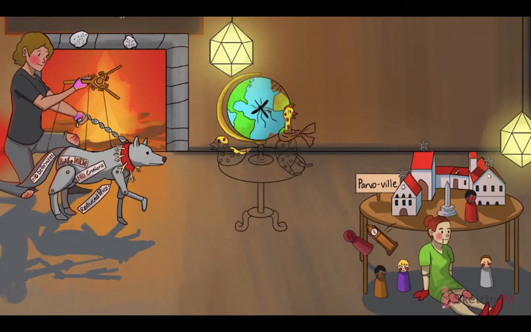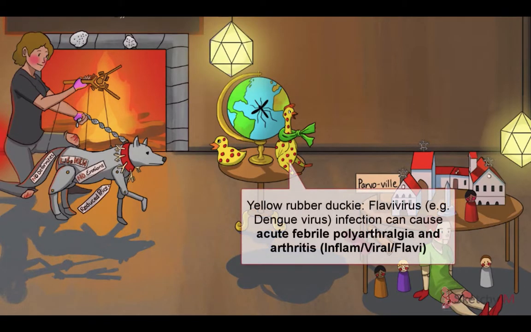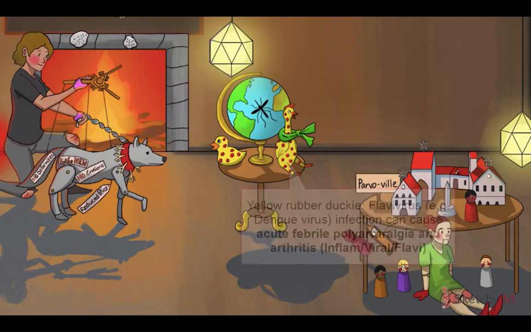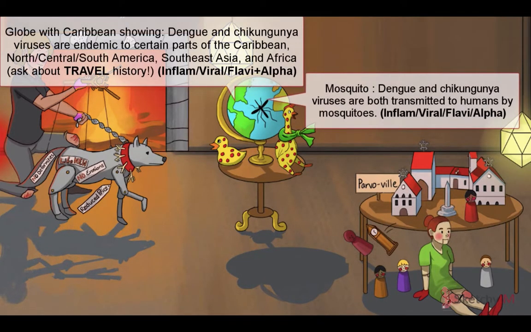Another group of viruses that cause significant joint pain is the flaviviruses, most notably the dengue virus, represented by this rubber dengue ducky. The dengue virus is found in the Caribbean, tropical Asia, and Central and South America, carried primarily by mosquitoes and transmitted to humans through a mosquito bite.